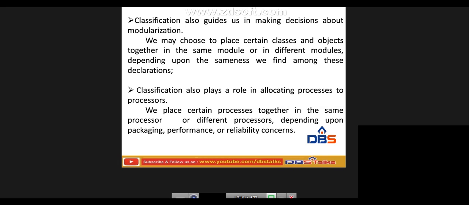This is what classification guides: which classes and objects may be placed in the same or different modules, depending on the sameness we find among the declarations, and it also plays a role in allocating processes based upon packaging, performance, and reliability concerns.